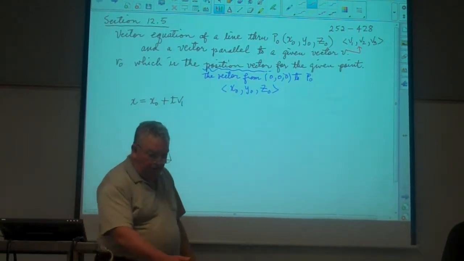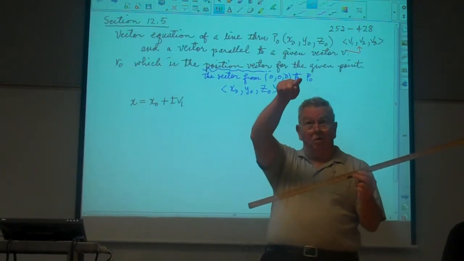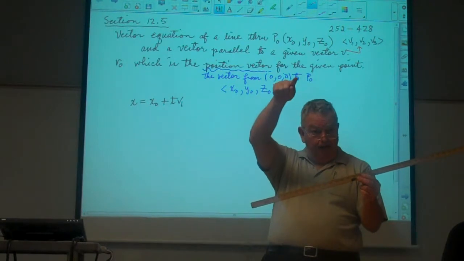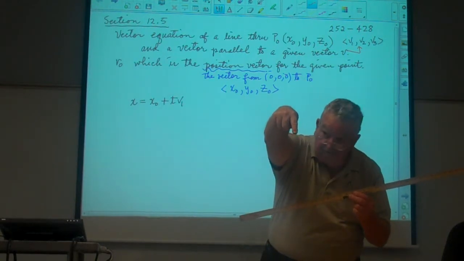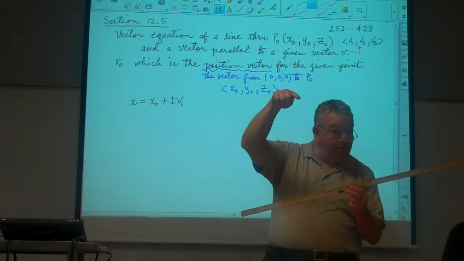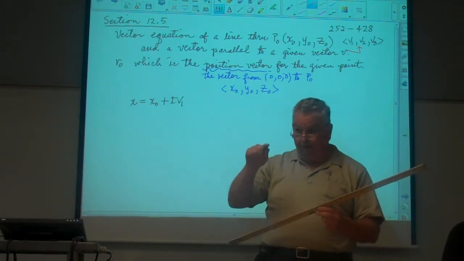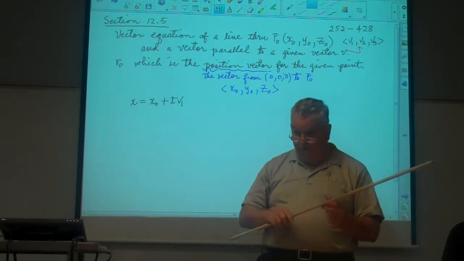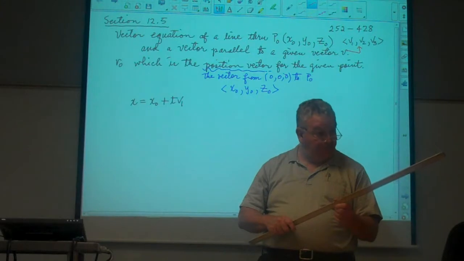And we also know that there's more than one vector that is parallel to this line. There's the one right there, but there's also one right there, isn't there? So there is a family of them, right? And isn't that what the t means? The parameter governs which one of the family of vectors we're talking about.